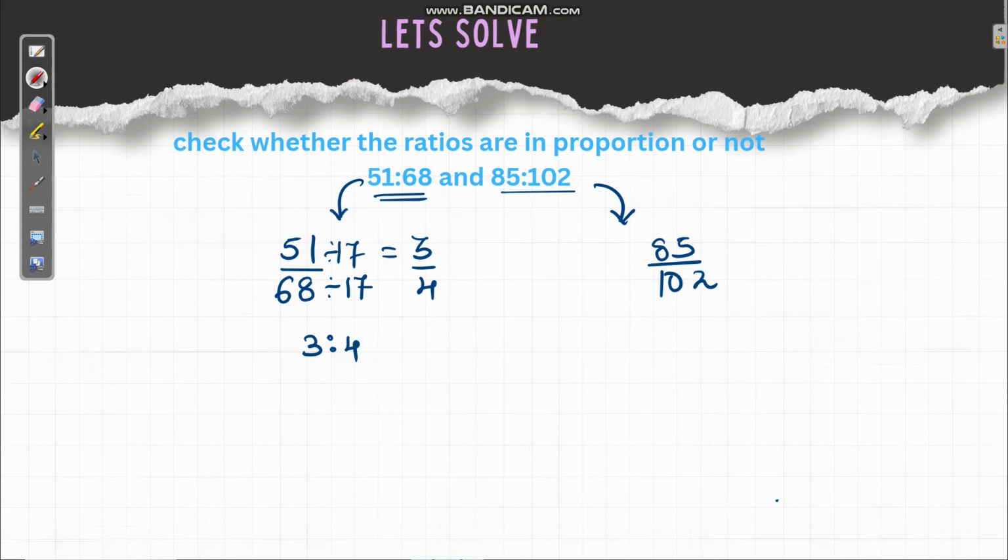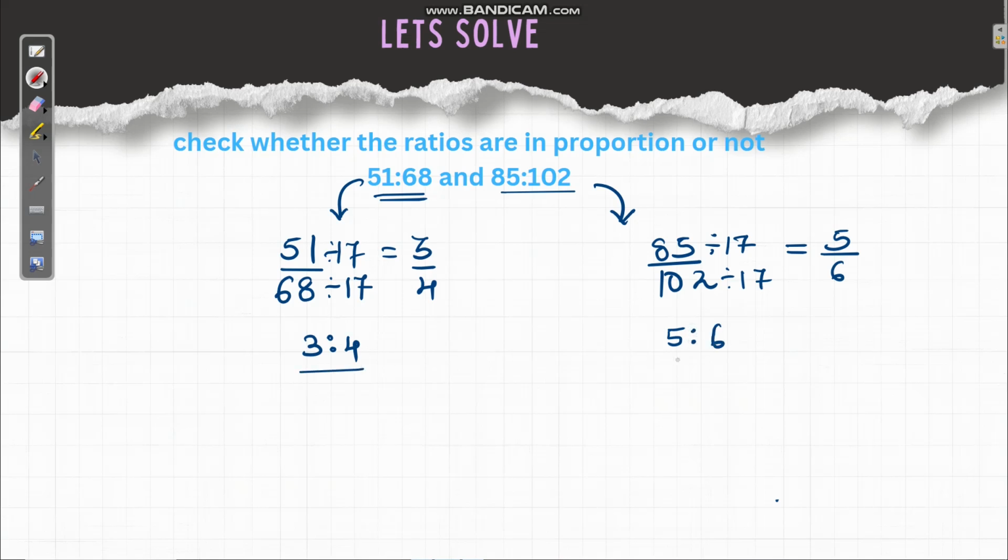What is the HCF of 85 and 102? It is again 17, because 17 is such a number which can divide both of them, and it's the maximum number, the highest number. That's HCF. So when you divide, 85 divided by 17 gives you 5, and this is 6. So here the ratio is 5 is to 6.